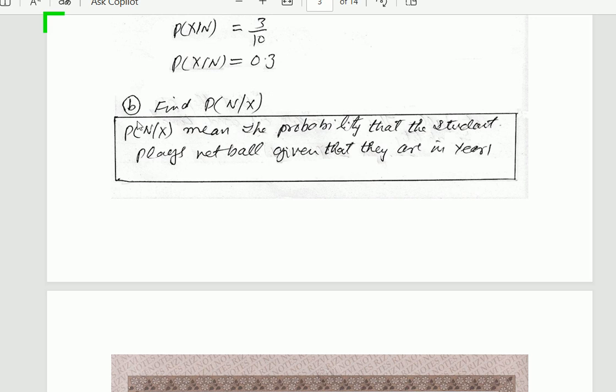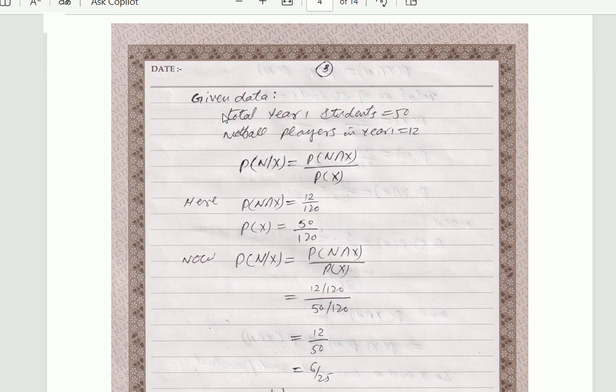Now, again, the statement is different. The conditional probability is different because P of N given X means the probability that the student plays netball, given that they are in first year. So in this case, the solution is: the total year 1 students is 50.